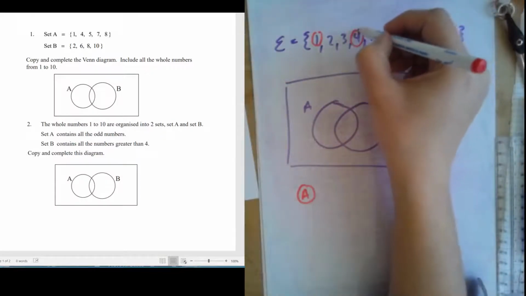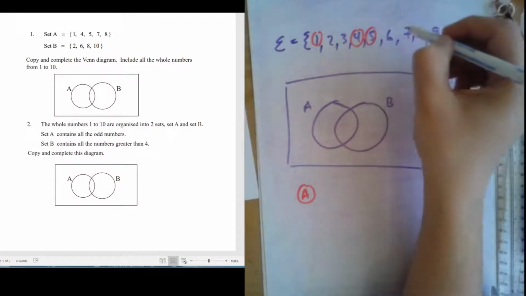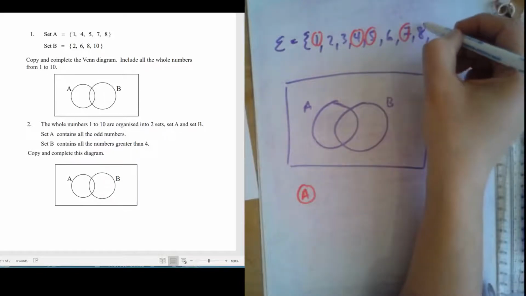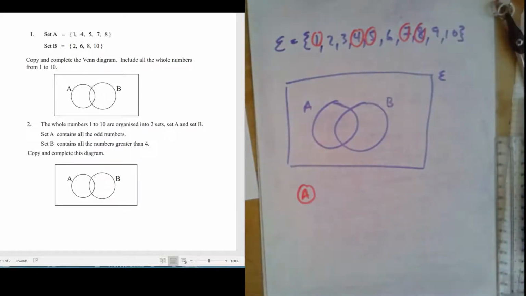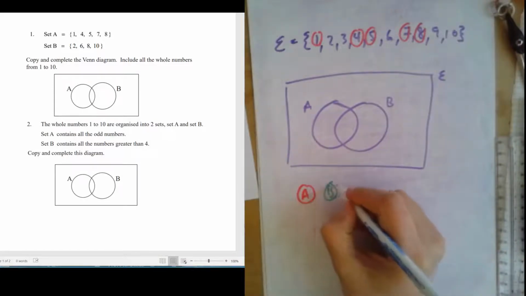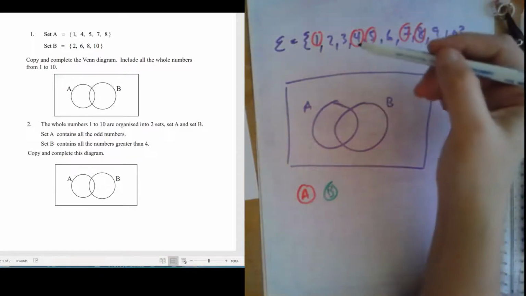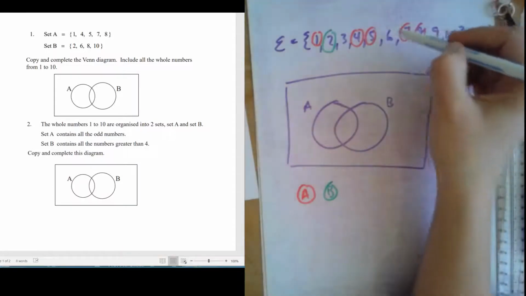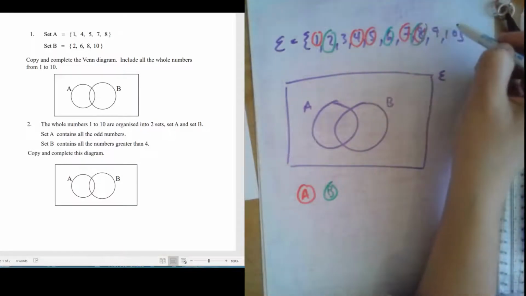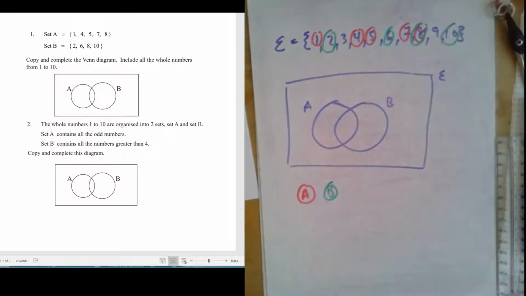It's 4, so let's circle that 4. It's 5, it's 7, and it's 8. Okay, and then for set B, I'm going to have it in green. So I have 2, I have 6, I have 8, and I have 10.